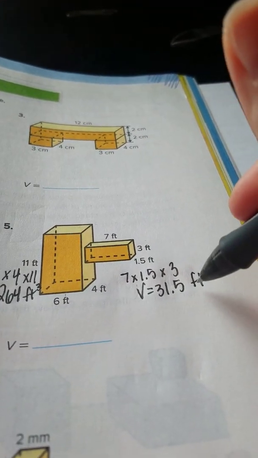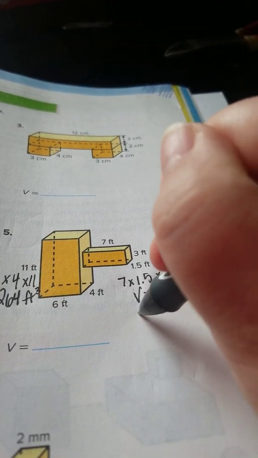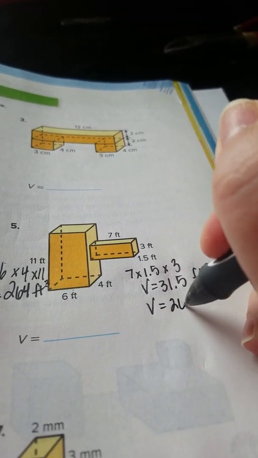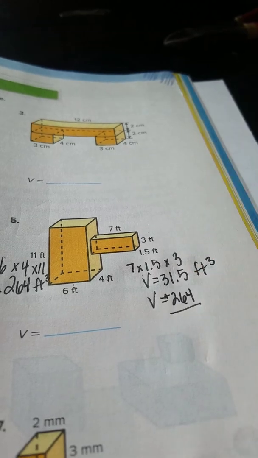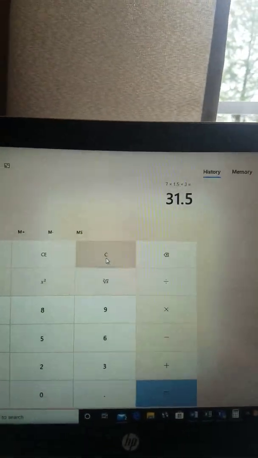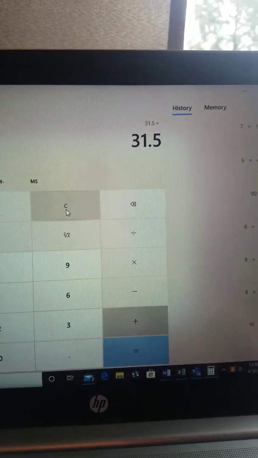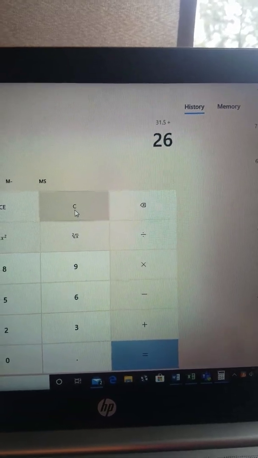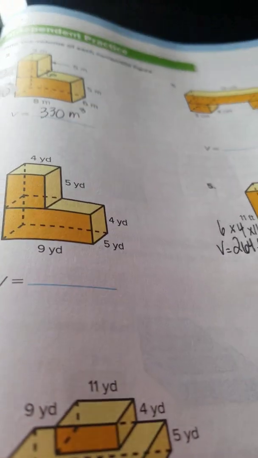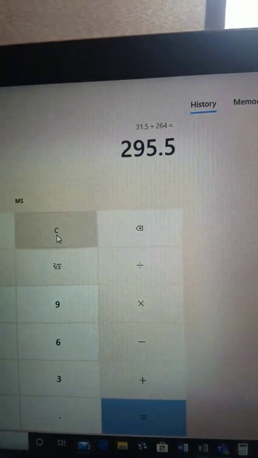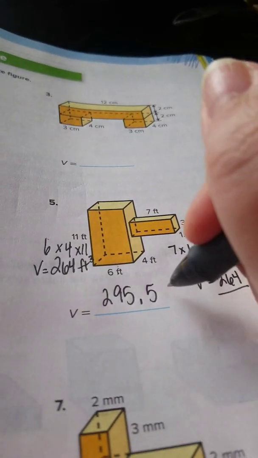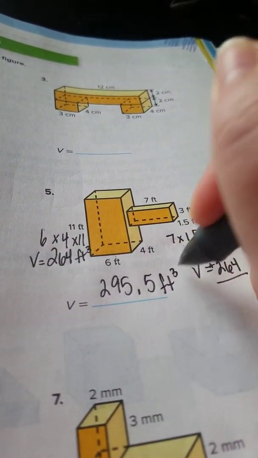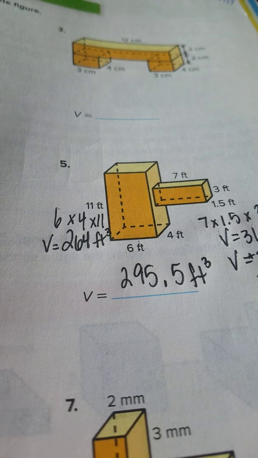That's still on my calculator. All I'm going to do is add 264 to that. I'm not going to clear it because I want to use that number. Plus 264. 295.5. And remember, both of those amounts we added were cubic feet. So it stays cubic feet.